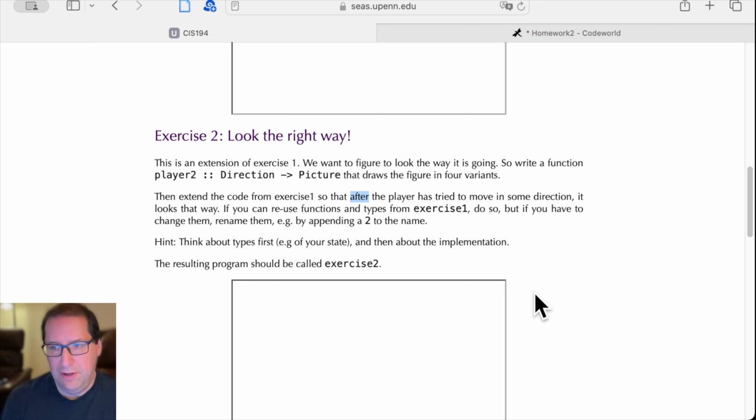So after the player has tried to move in some direction, it looks that way. So you're not just needing to look in some direction while you're moving it. You need to look in some direction and then keep looking that way, which means we need to remember the last direction we moved in.